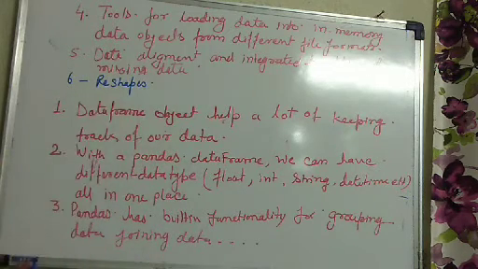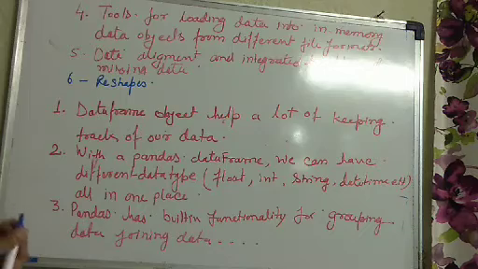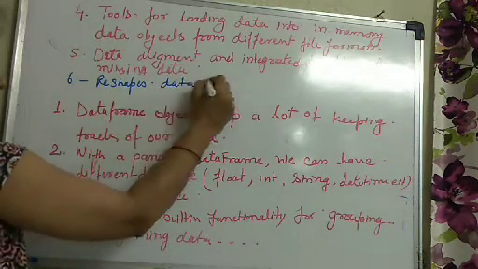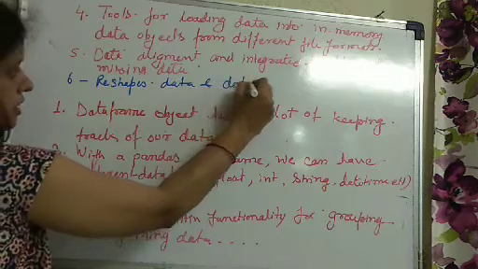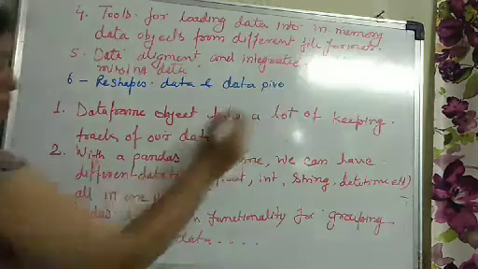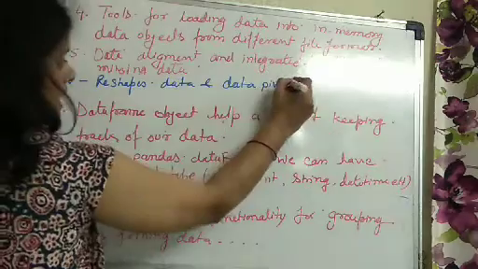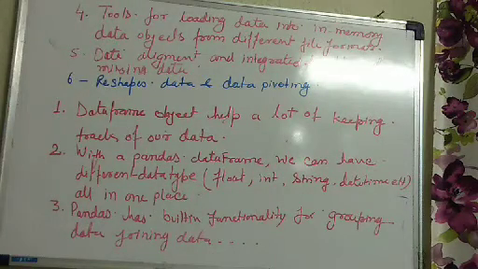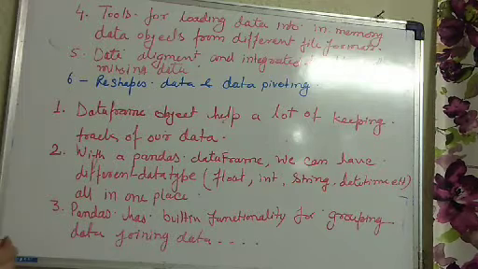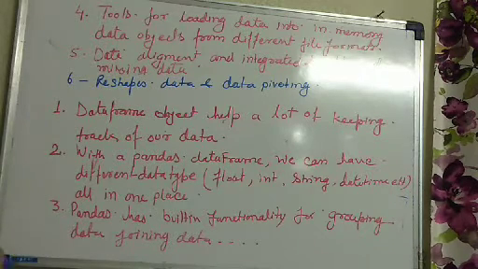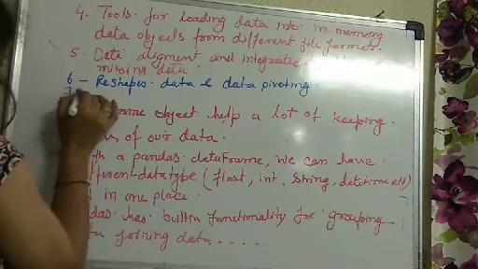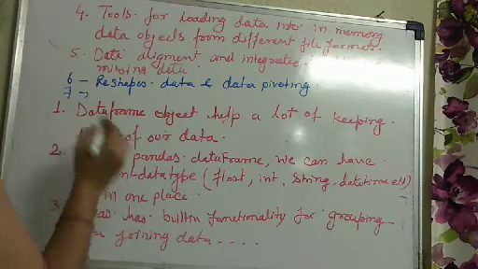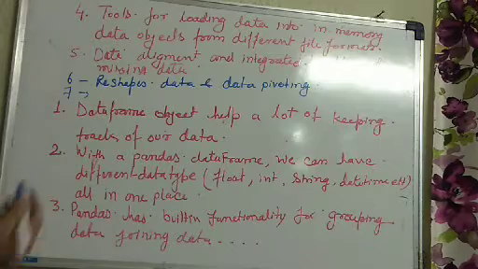It reshapes data and provides data pivoting. Data set pivoting is very easily handled, and data slicing is also done, meaning a part of the data can be extracted very easily, right? So you may say that they have label based slicing.